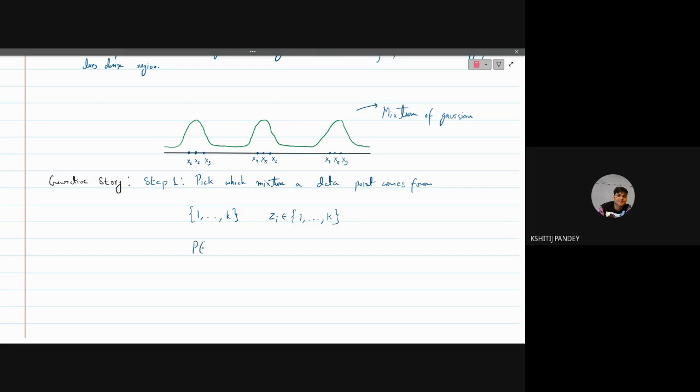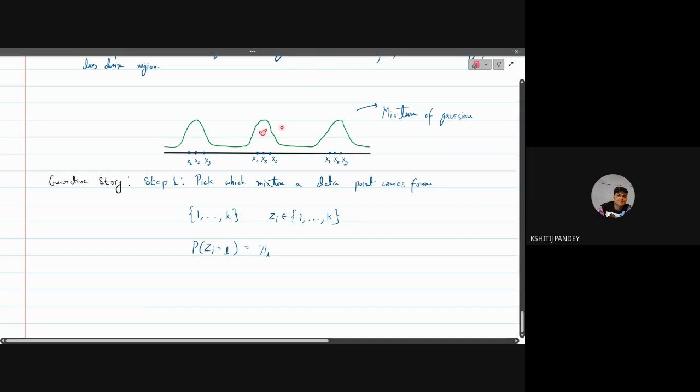For any given point i in the data, the mixture indicator will be equal to some l, let's say, and you will have some probability associated with it, pi_l. So a given data point can come from this mixture with some probability, this mixture with some probability, and this mixture with some probability.